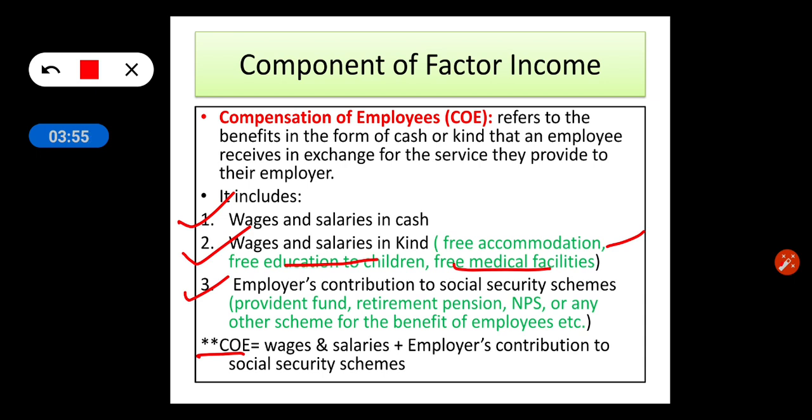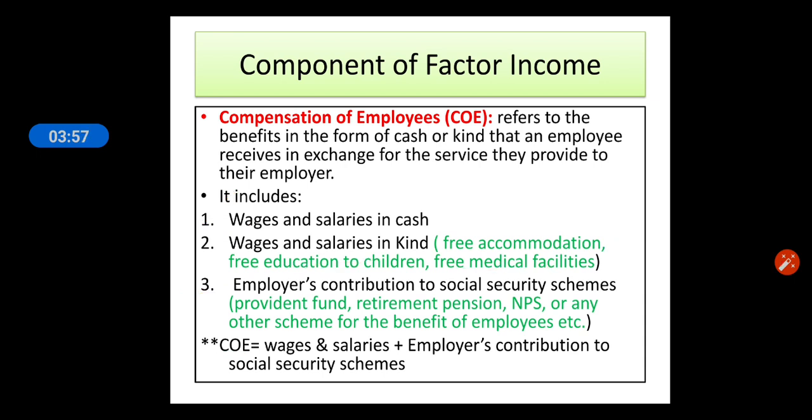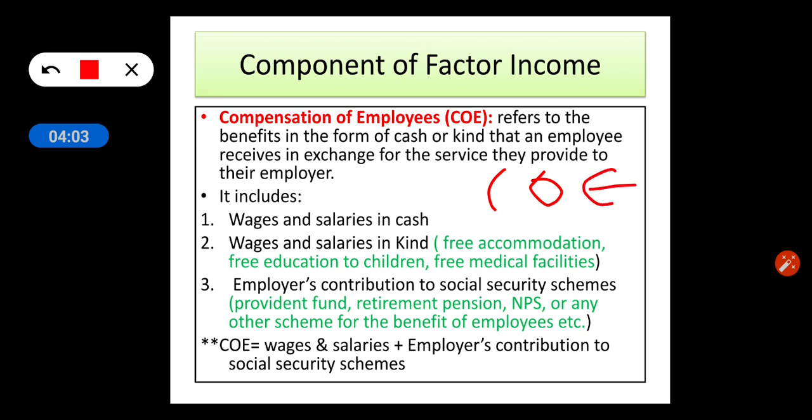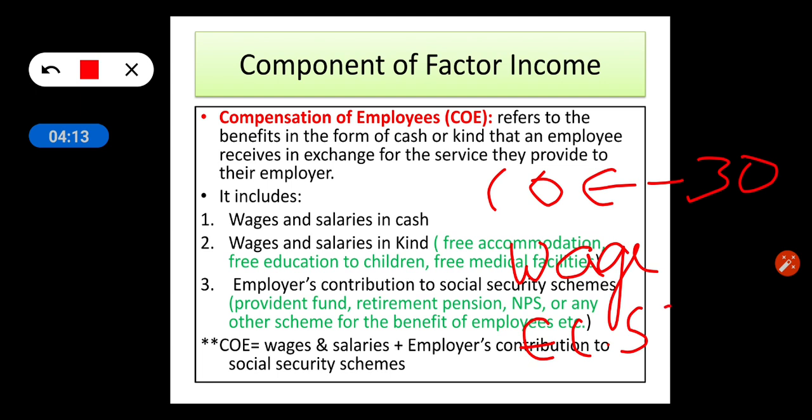Now, for examination purposes, if you find the value of COE, let's say 30, and also the value of wages, or say employer contribution to social security scheme, if you find all these three items, what we are going to do, we are going to take only the value of COE.